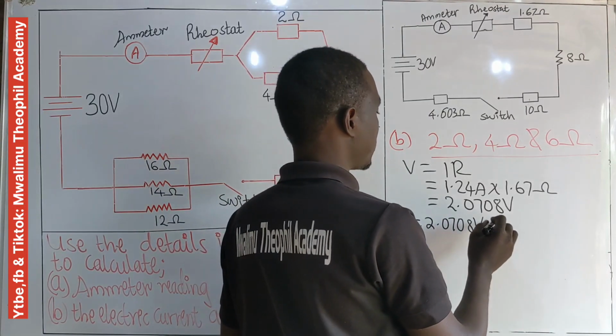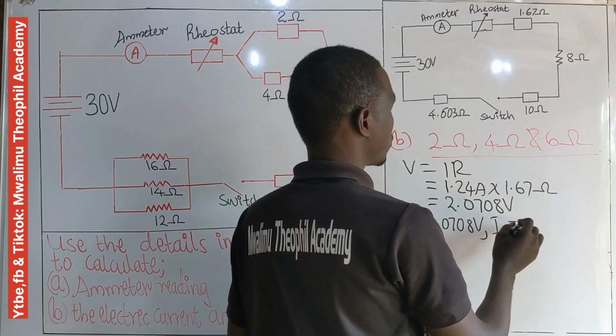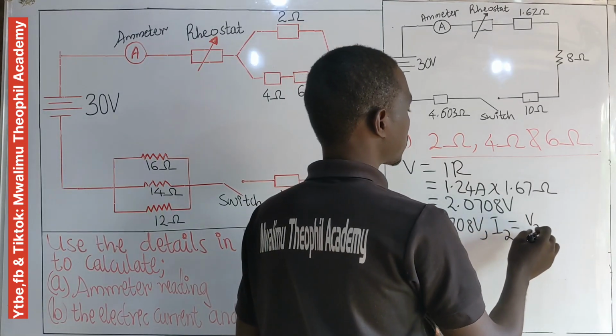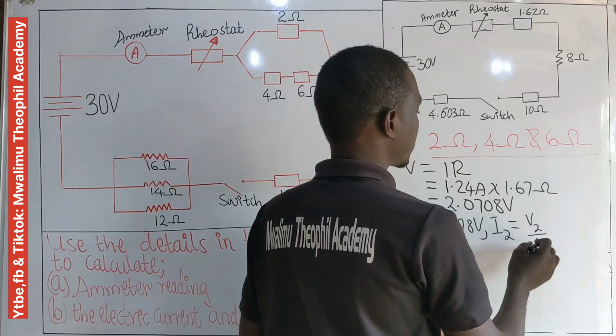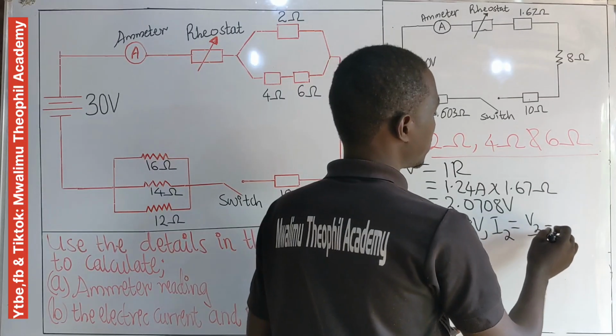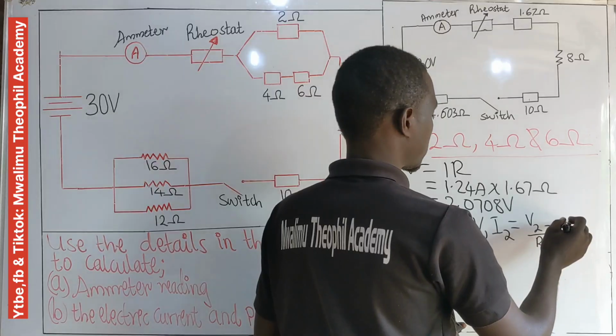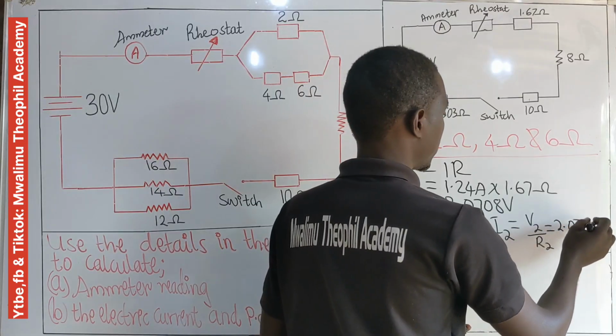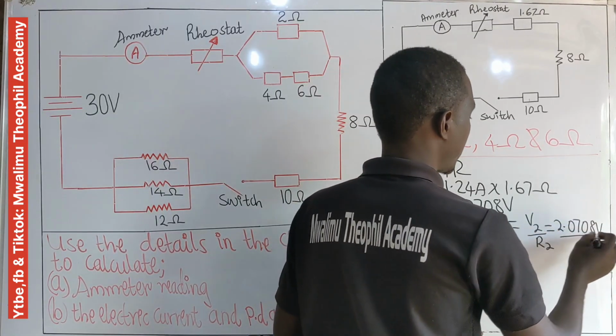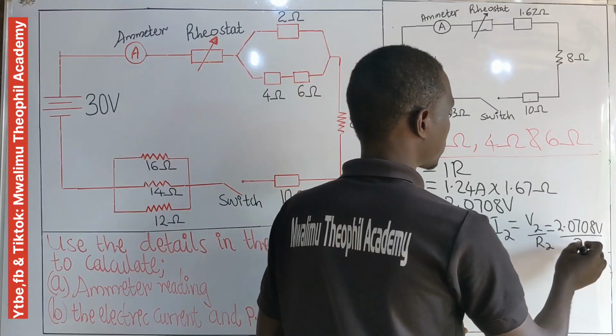Its current, which is I2, will be equal to its voltage V2 divided by its resistance R2. We've already said that the voltage is 2.0708 volts, divided by its resistance, which is 2 ohm.